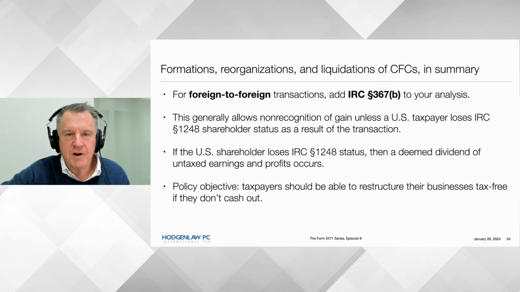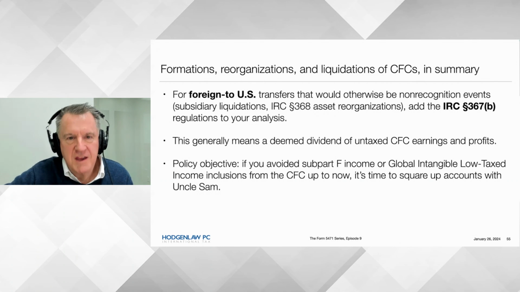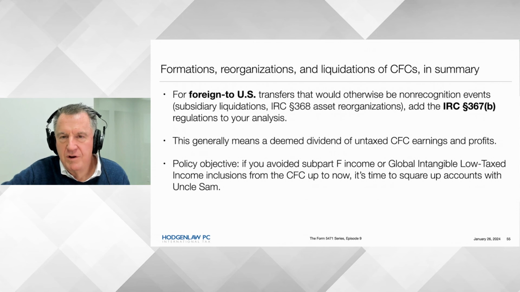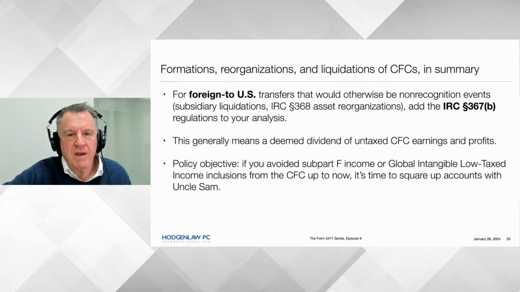But for those, you're going to add Section 367(b) to the analysis after you're done. Finally, for the foreign to US, so the inbound transfers of assets, again, you're going to be looking at the normal rules plus Section 367(b), where you're going to flush untaxed earnings and profits upstream and get it taxed in the United States. And that's the general idea.